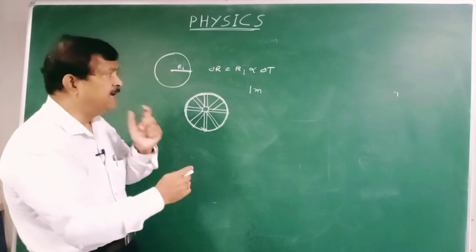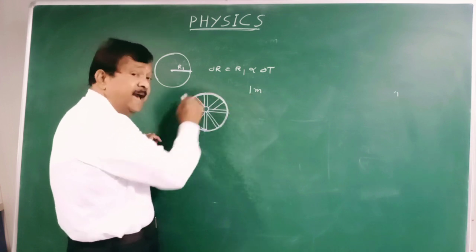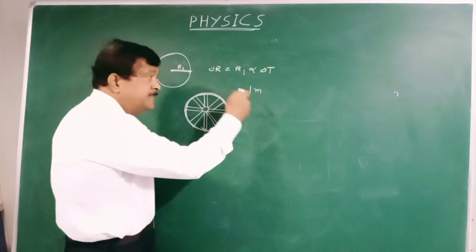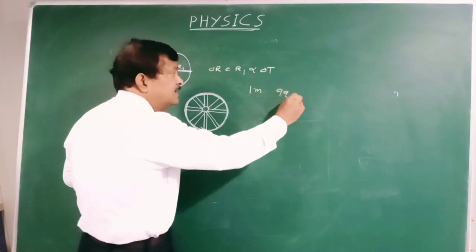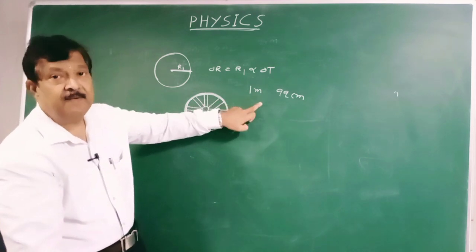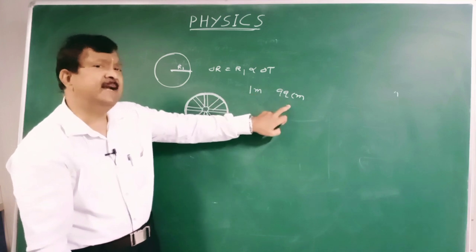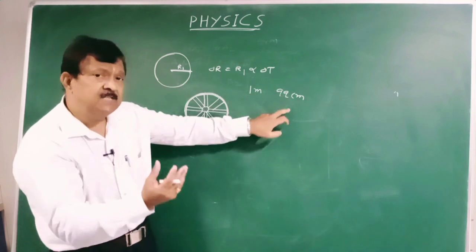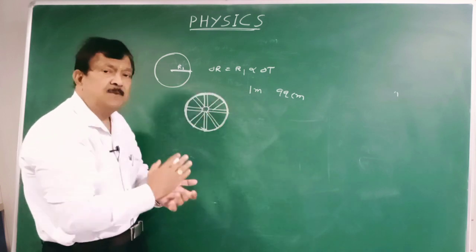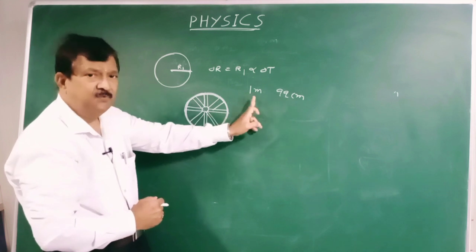So what we do is, when the wooden wheel is prepared with a radius of 1 meter, the iron tire which has to encircle the wooden wheel is made with a radius of only about 99 centimeter. Then how is it possible to keep this wooden wheel inside the iron tire? At this condition it is not possible, because the radius of the iron tire is only 99 centimeter and the radius of the wooden wheel is 100.